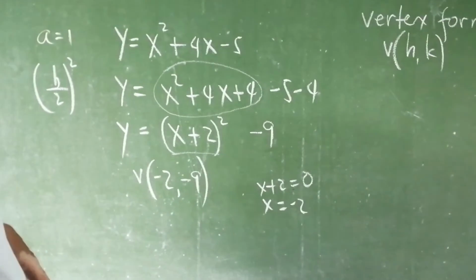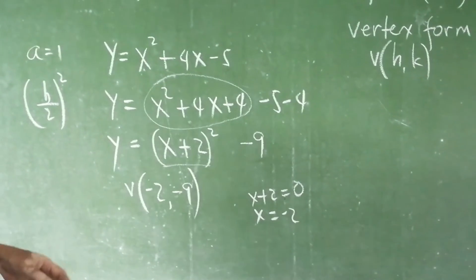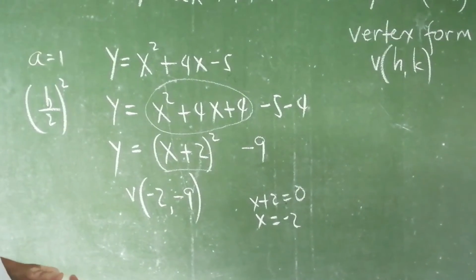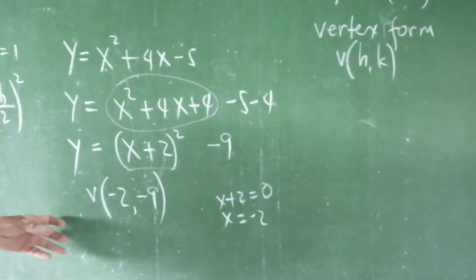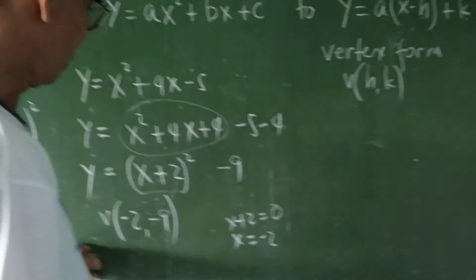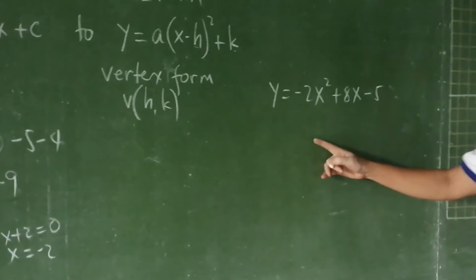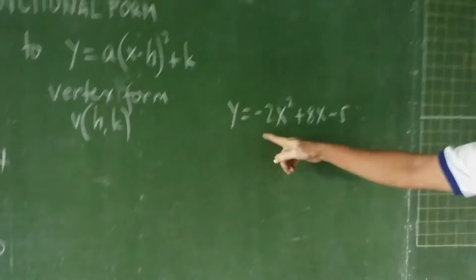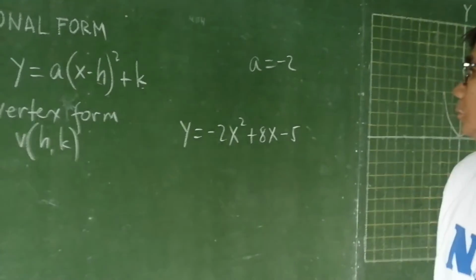And so this is how to transform the standard to vertex form. So let's have another example here. You will notice here that a is equal to negative 2.